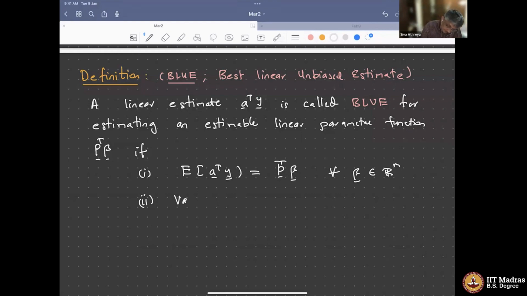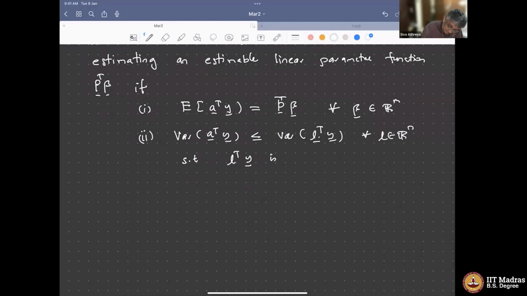So the variance of A transpose Y should be less than or equal to the variance of L transpose Y, for all L in R^n such that L transpose Y is an unbiased estimator of P transpose beta.